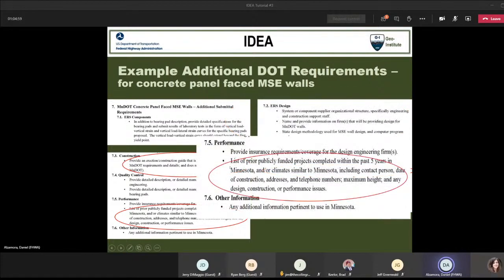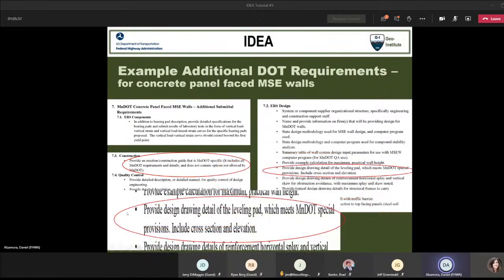Another one is they want a list of prior publicly funded projects completed within the past 5 years in Minnesota and/or climate similar to Minnesota, with contact dates and construction and so on. That again would be very specific to the Minnesota DOT. That would be required in addition to what's prepared in the evaluation reports from IDEA.